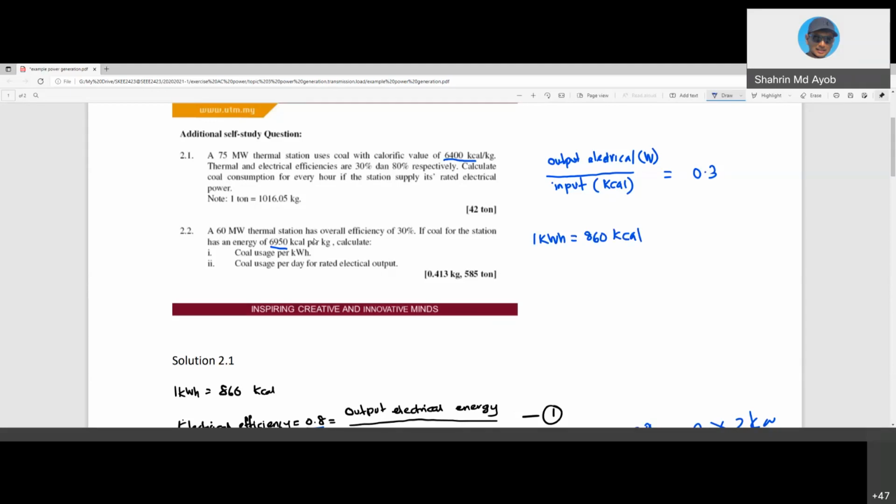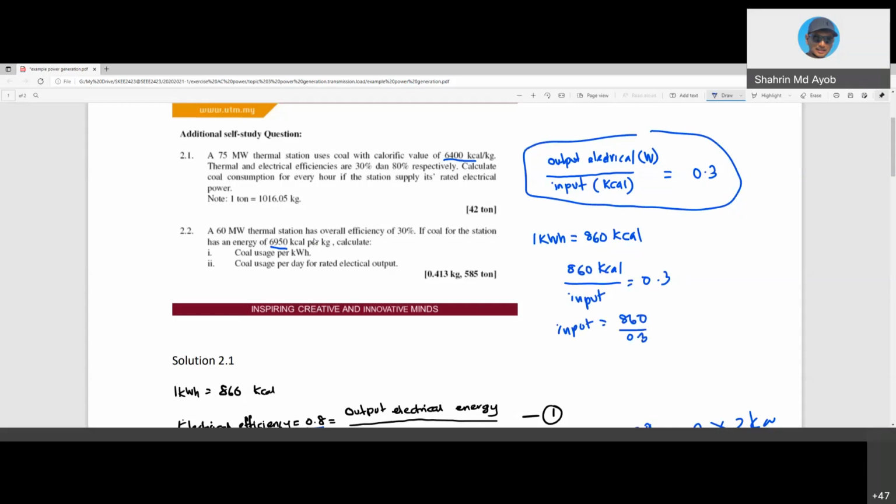So right now, by using this equation, I assume that the output power is 1 kilowatt. So this one is 860 calorie over the input, equal to 0.3. So right now I can obtain my input is equal to 860 over 0.3.